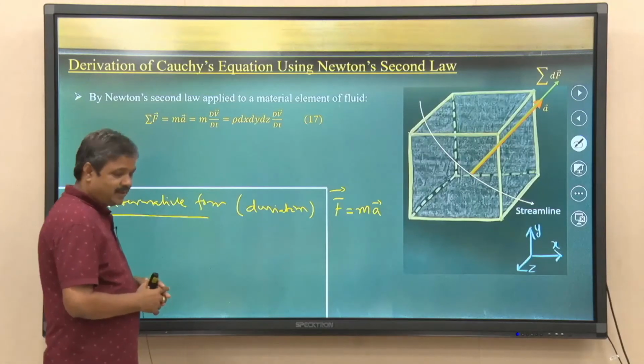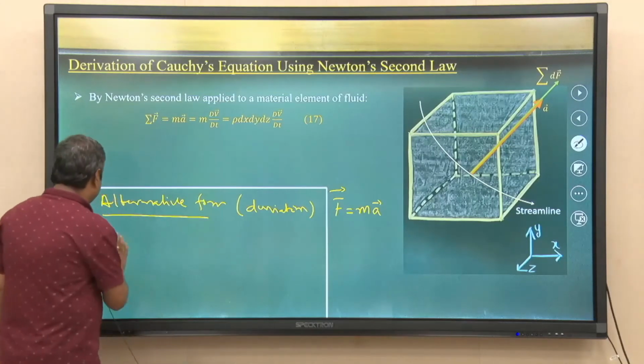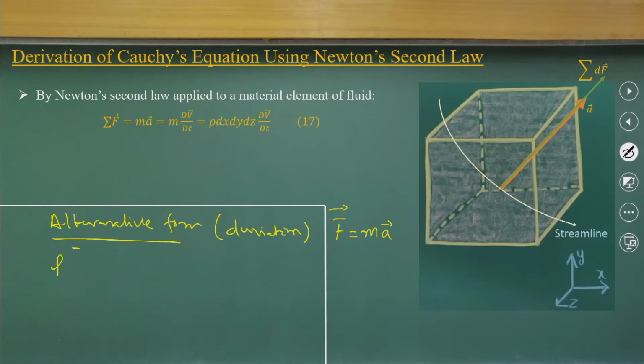If I modify that, I will get this vector: rho times v dot del of v is equal to rho g plus del dot sigma ij.